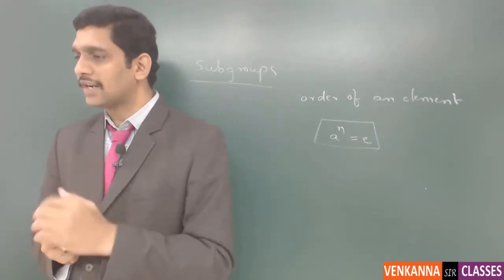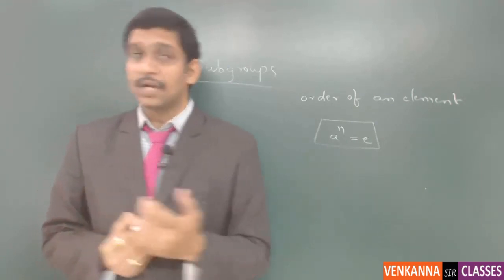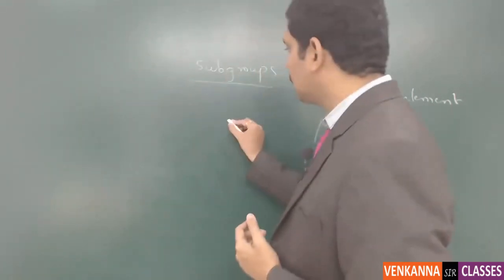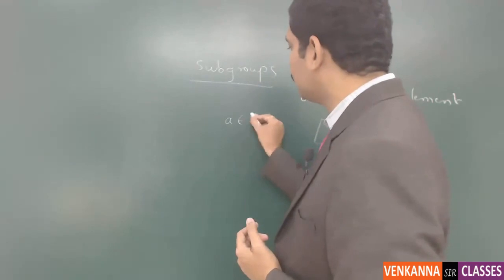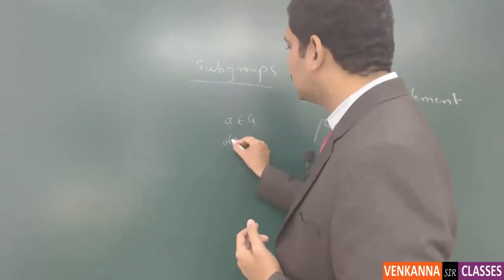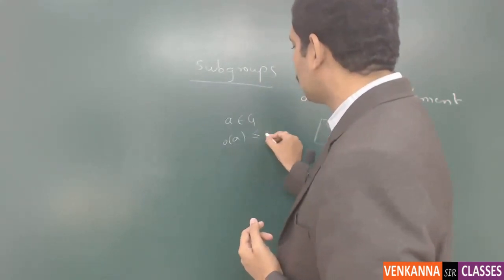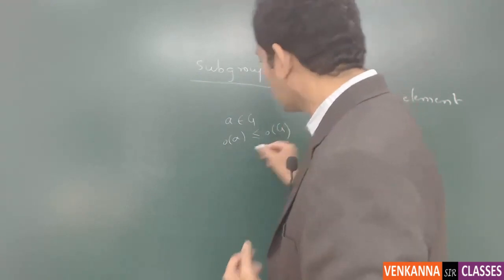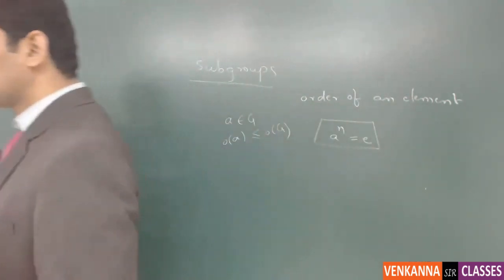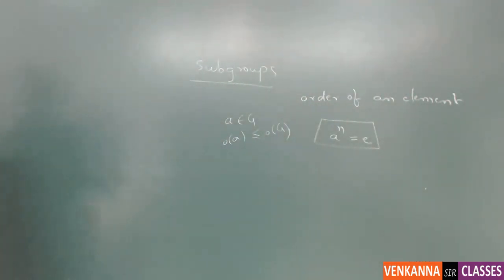You observe the difference. Because you have understood one thing, that whenever you take an element in a group, its order is always less than or equal to group order. So for the finite cases, you can do. For the infinite cases, order will exist.